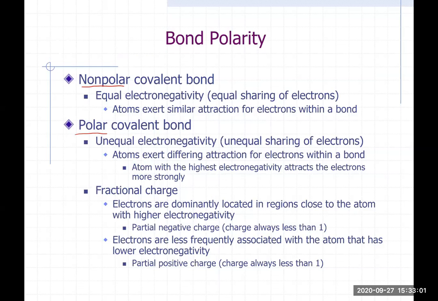That is, equal sharing of the electrons because both of the atoms have a similar attraction for the electrons. In other words, the atoms have a very similar electronegativity in a nonpolar covalent bond. We could look at something like CH4.